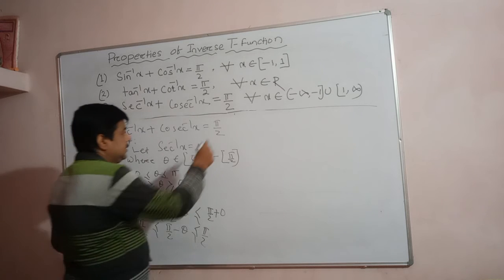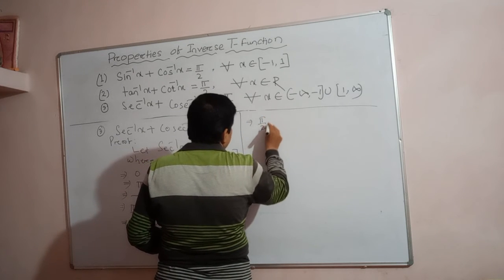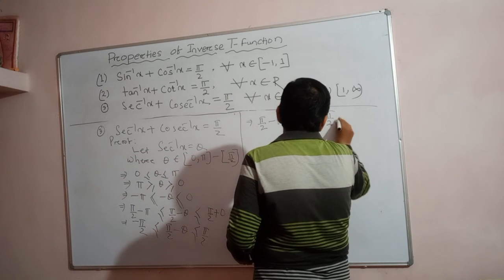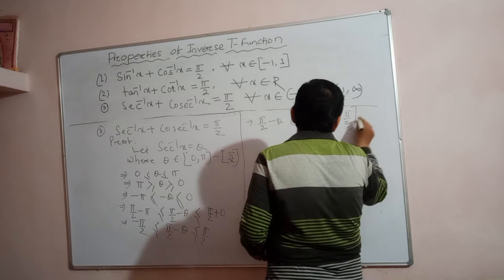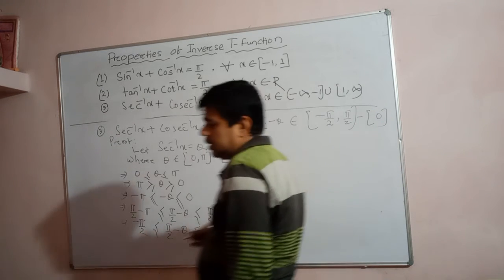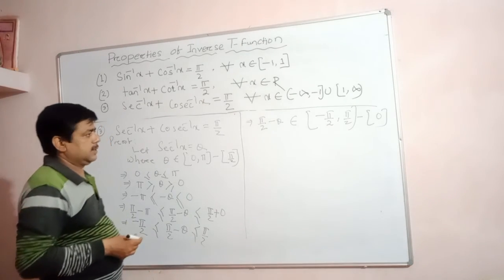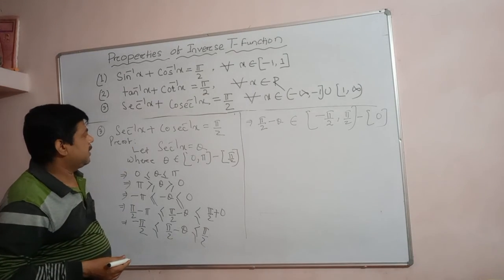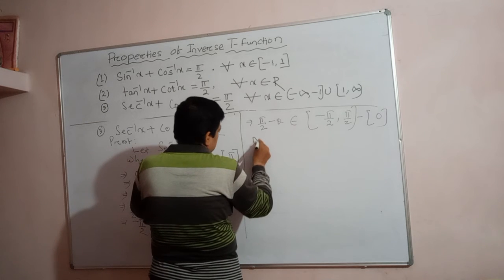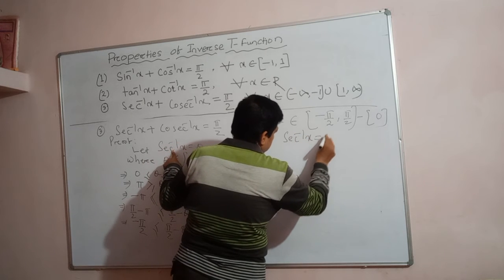That implies pi by 2 minus theta belongs to the closed interval minus pi by 2 to plus pi by 2, where it cannot be 0, which is the principal branch for cosec inverse of x.